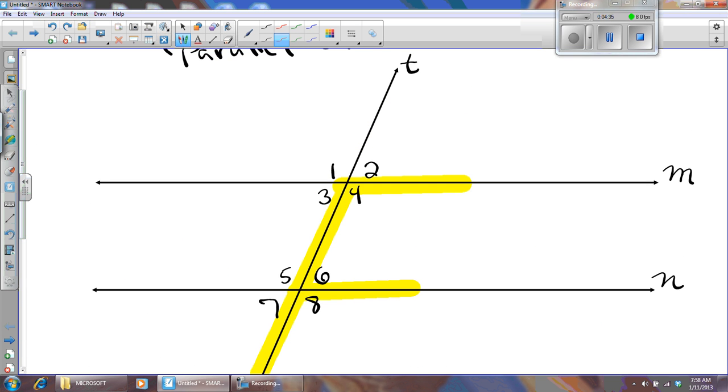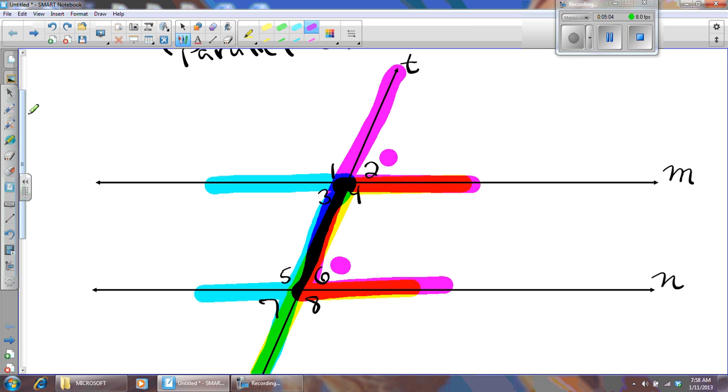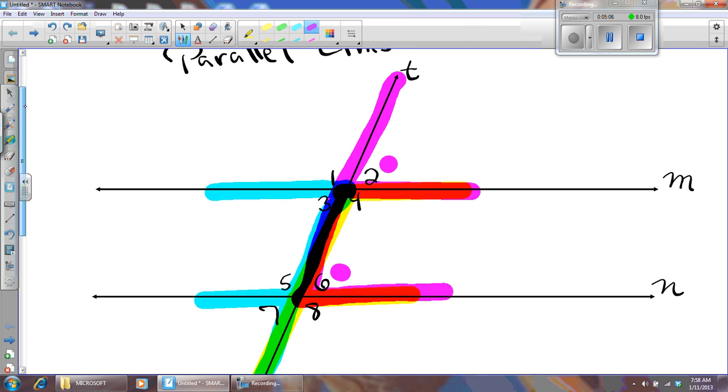But I see other F's. I see a backwards F right here, making angles 3 and 7 congruent. I see an upside down F right here, telling me that angles 2 and 6 are congruent. The F can go any way you want it to go, as long as you don't change it. All right, so those are corresponding angles.